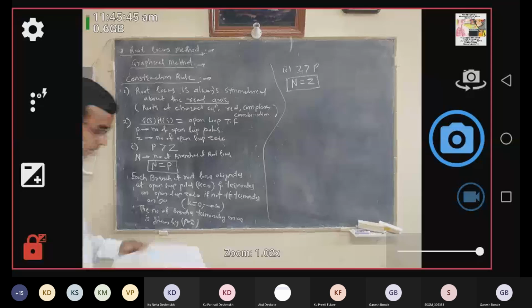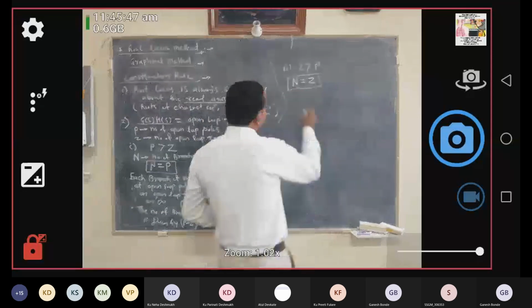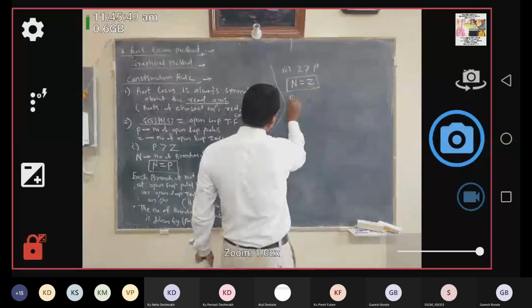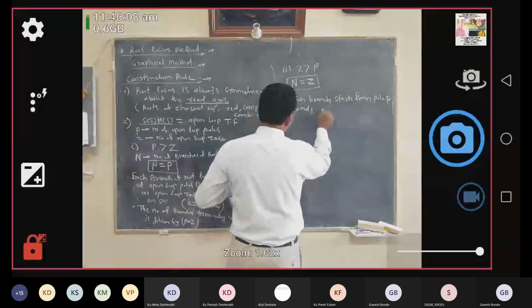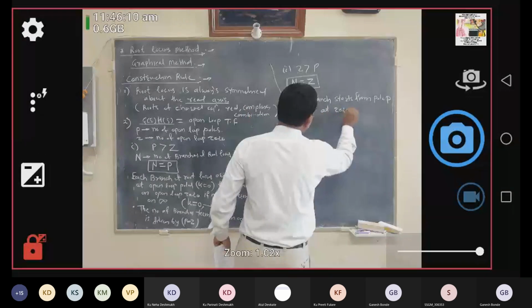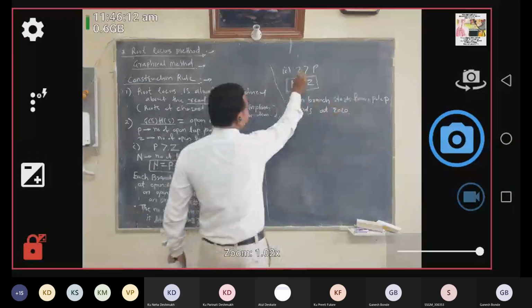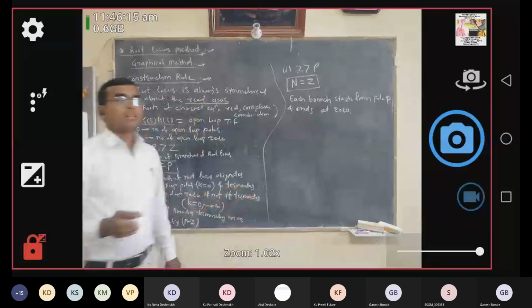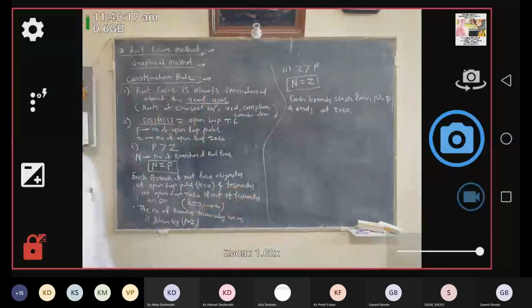So write down that when Z is greater than P, each branch starts from a pole P and ends at a zero. But as Z is greater than P, Z minus P branches never start at a pole.